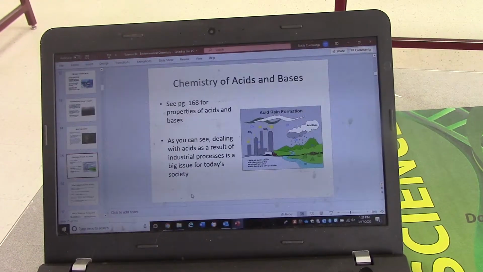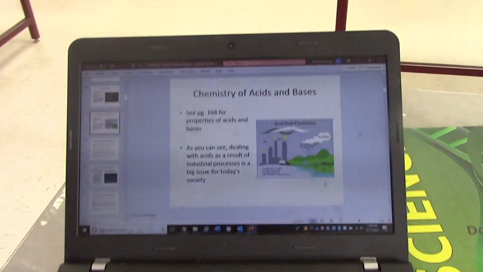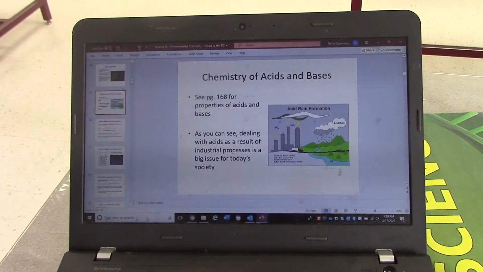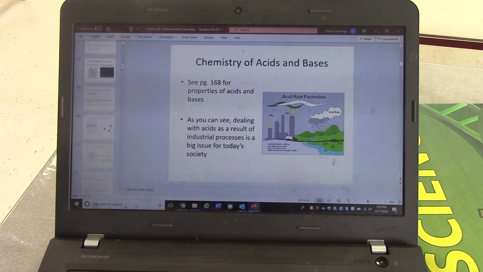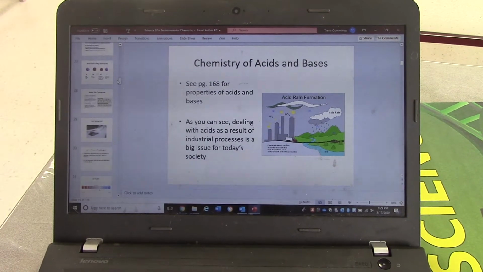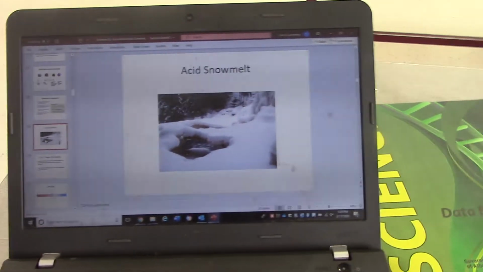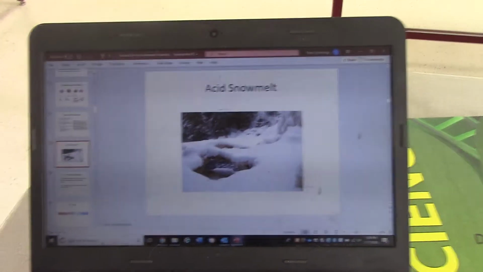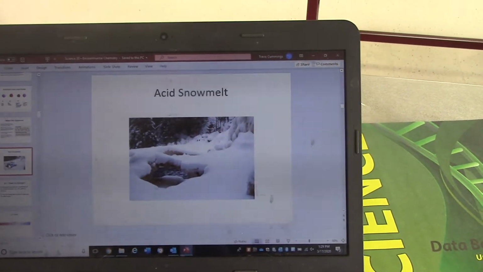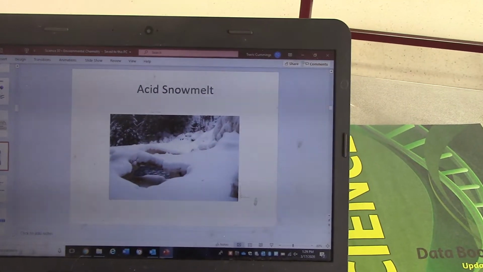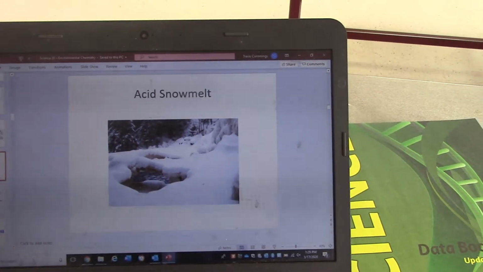I'm going to jump around a little bit from slide to slide today. I'm looking at slide 15 right now, and I'm going to jump up to here. This shows spring acid shock. This is an issue with spring runoff in Alberta, where we have lots of industrial processes going on.